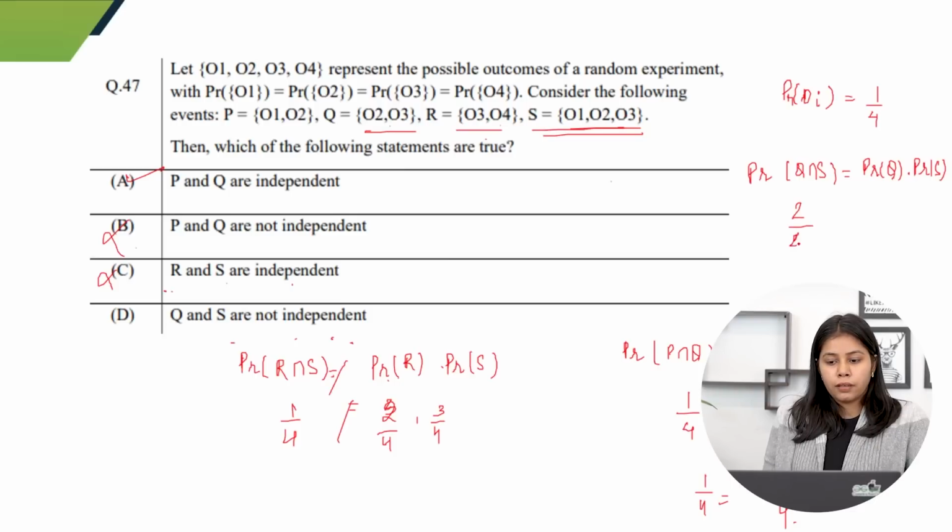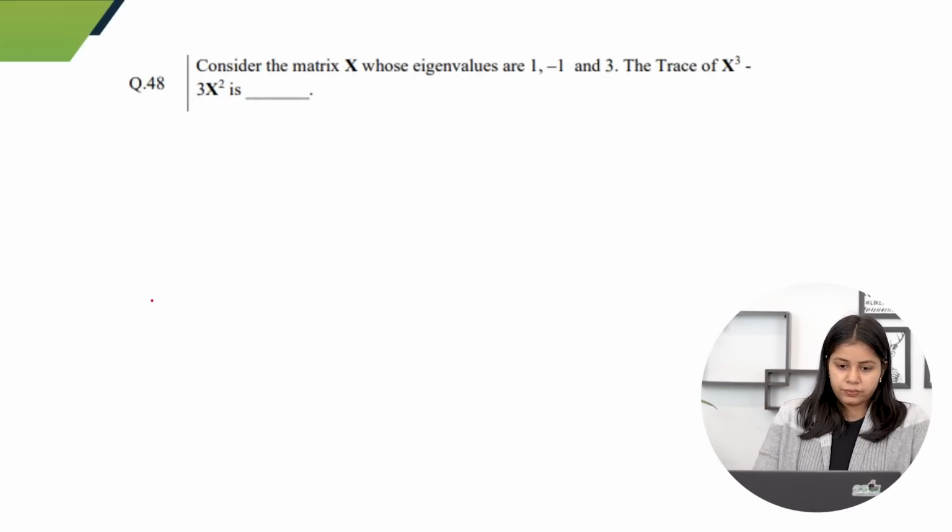So 2 by 4 would be the probability of Q intersection S. And probability of Q would be 2 by 4 and S would be 3 by 4. Again, they are not equal. Q and S are not independent. And if they are not independent, D is true. So in this question, A and D statements are true. Right? A and D statements are true.